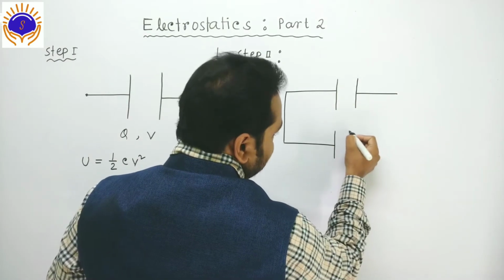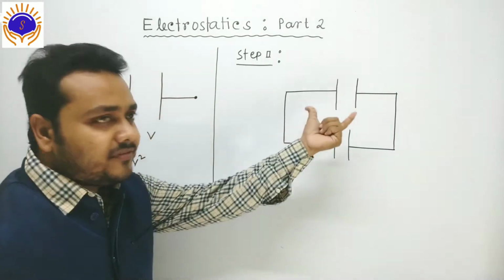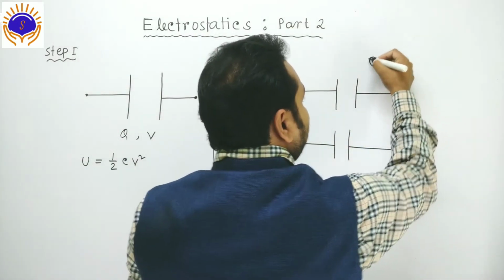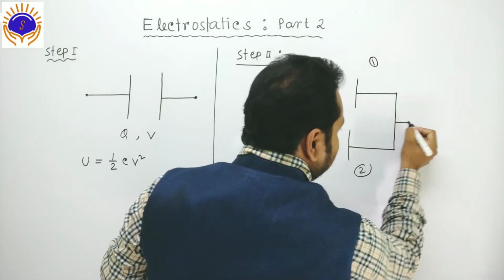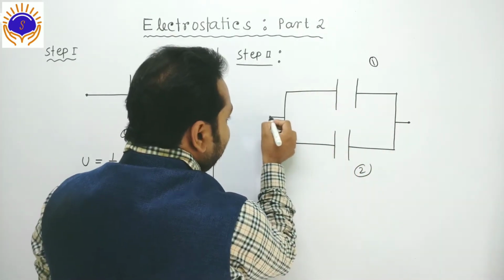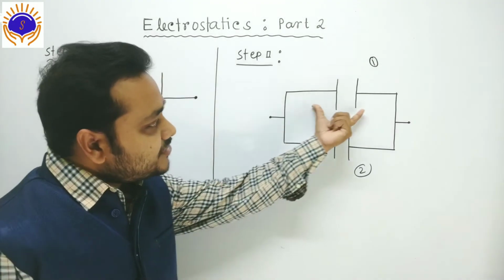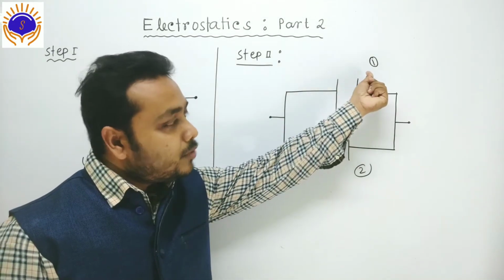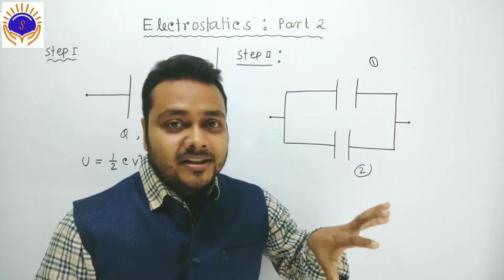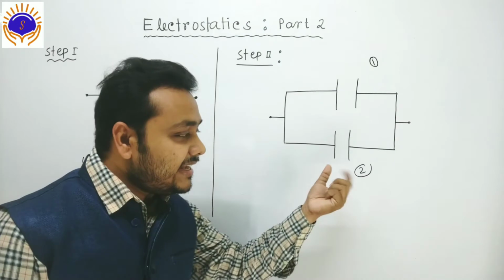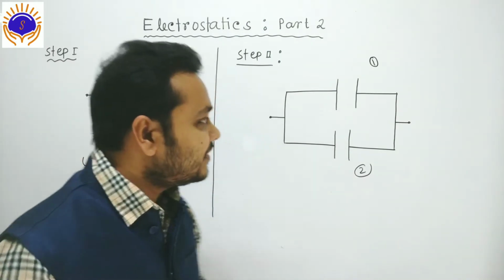Suppose this is the first capacitor and this is the second capacitor, and they are connected in parallel. In this case, the charged capacitor, that is capacitor number 1, will gradually lose charge, and the second capacitor will gain the charge gradually.